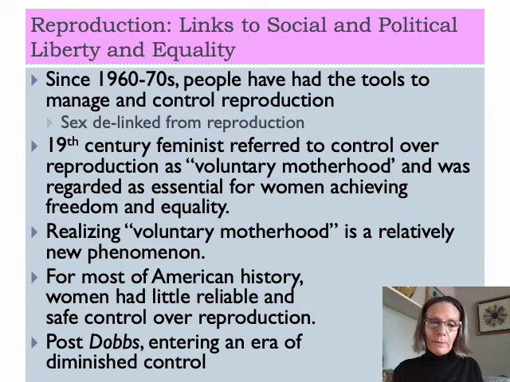As I was preparing my lectures for today, my first set of lectures post Dobbs, I'm realizing that we may be entering an era not of voluntary motherhood or voluntary parenthood, but of involuntary motherhood, involuntary parenthood. We are entering an era of diminished control over reproductive freedom.